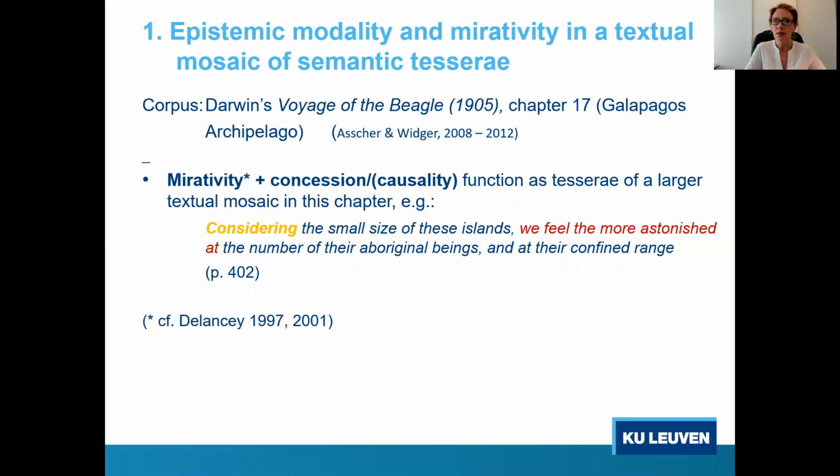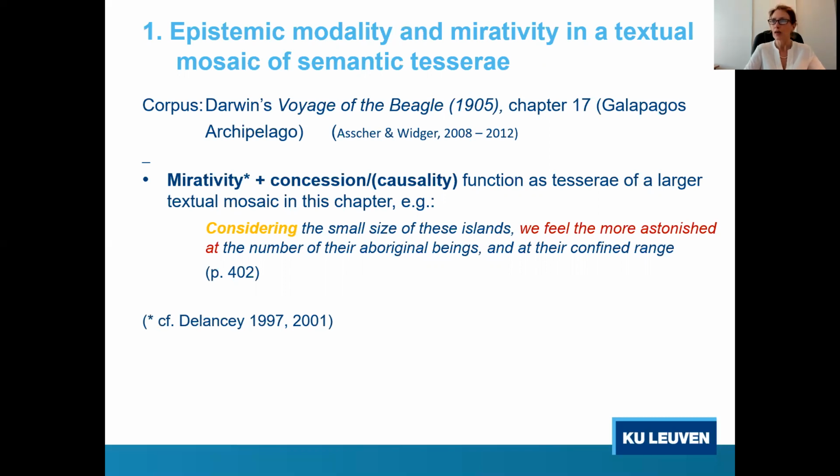Now, a first case which I want to look at in terms of how these modal meanings work together to co-create a unified message by means of other semantic meanings, is that where narrativity, the expression of narrativity related to epistemic modality, co-creates a unified message when it is complemented with expressions of concession.